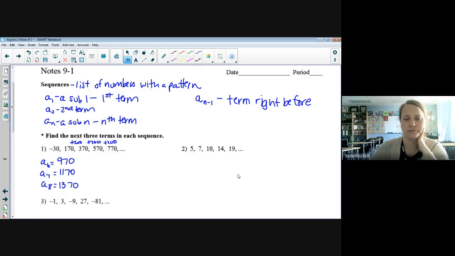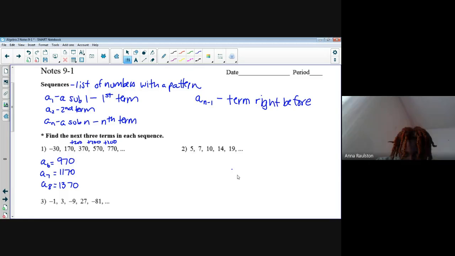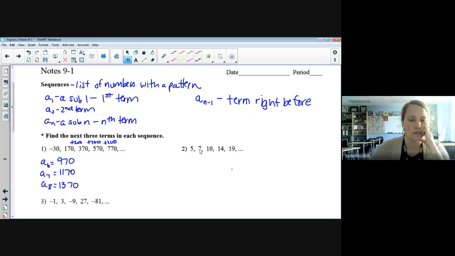Right, what you're adding? Yeah. So what do you think the next one's going to be? So between these 2, we added 2, right? Then we added 3. Then we added 4. Then we added 5. And so how much are we going to add for the next one? We're going to add 6.